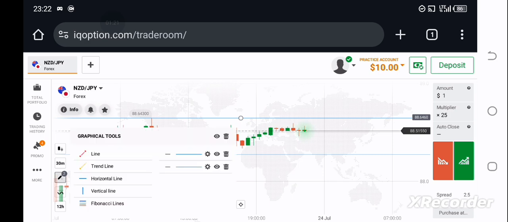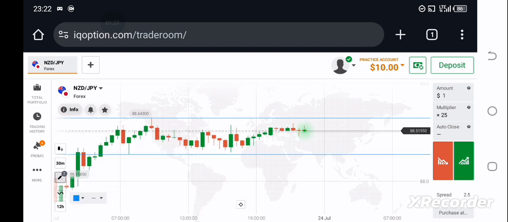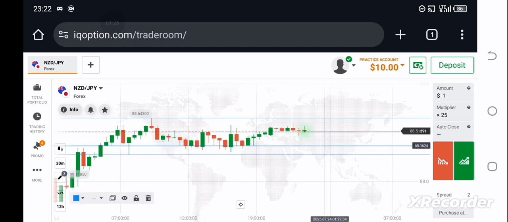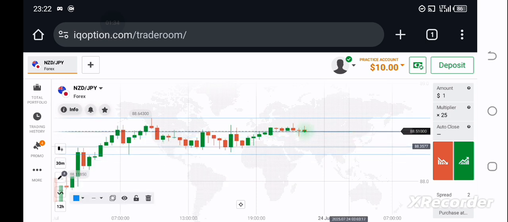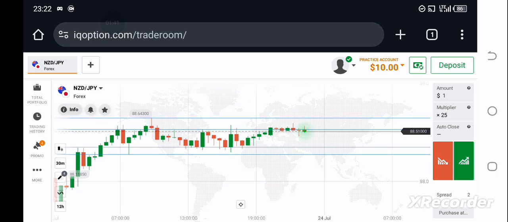Okay, so if I want to include the body, let me include the body of the candles to show the complete area, so that you also have the knowledge of how to draw complete area of support and resistance. All right, so look at it now.